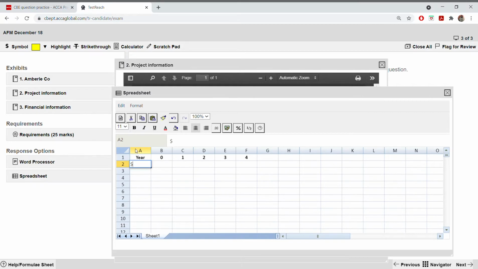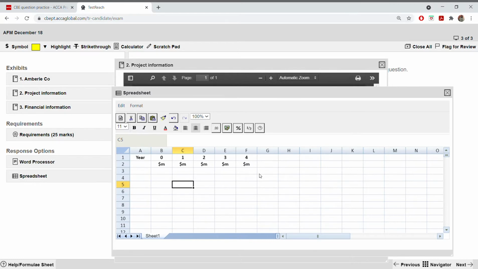You have to write this in millions or in thousands or in hundreds, whatever you are writing. So you can just drag it or copy paste it to each item. I'm going to bold this, center. So everything is in millions. Don't forget to write this in millions.